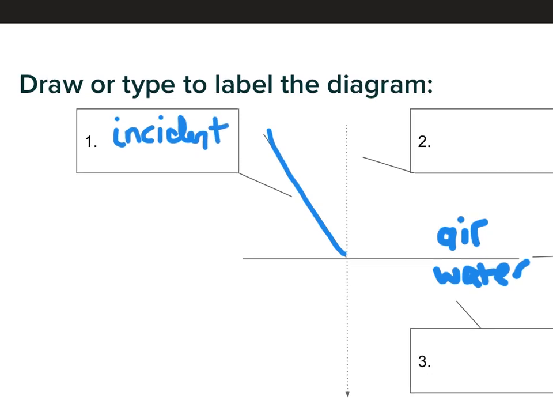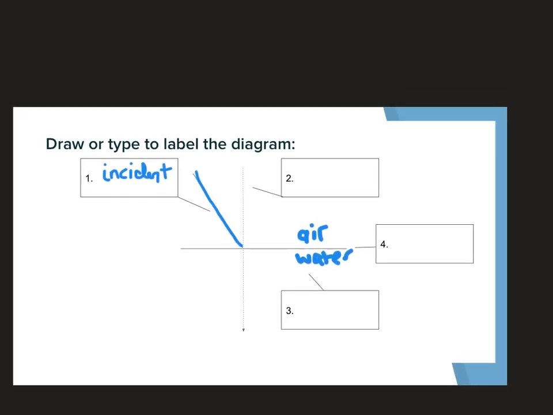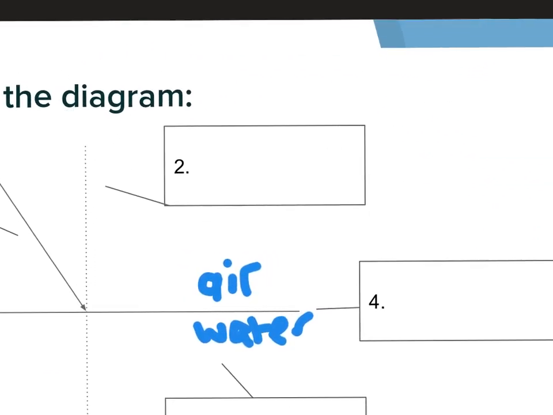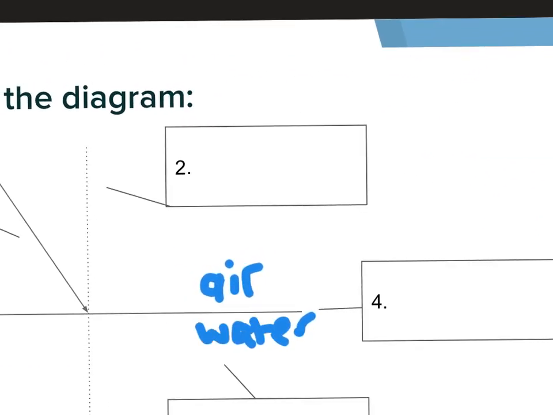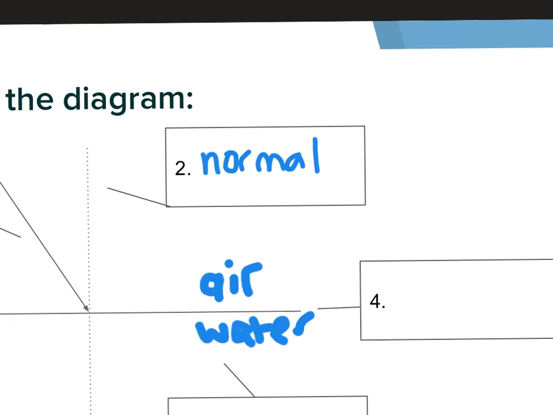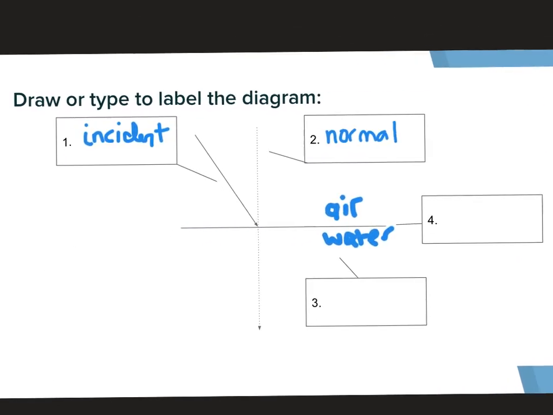It just means it's incoming. And over here is my normal. That dotted line down the middle, just like we always do, is our normal, and it gives us a reference line where the two lines are going to meet.